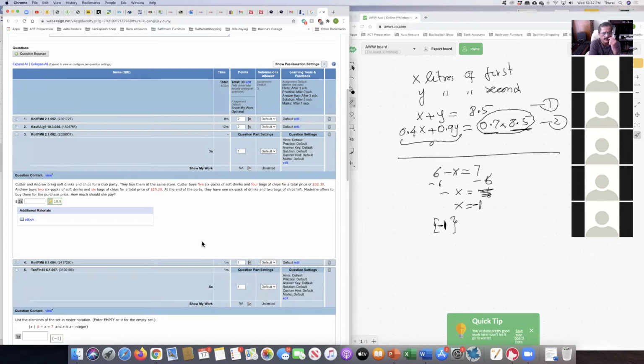Different purchases amount to different prices. So basically the question is, what are the purchase prices for them? Madeline offers to buy them for the purchase price. And how much should she pay? So the purchase price is the question. Going to the board.